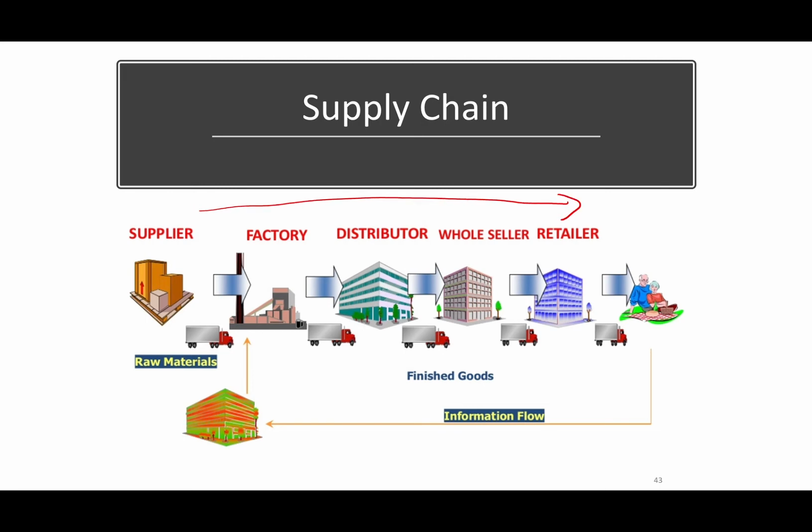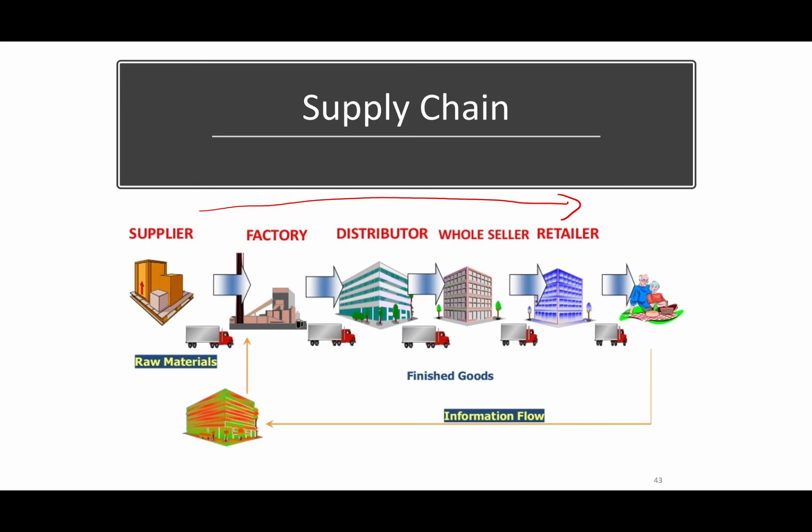Okay, like all of these organizations, the people involved in those organizations, all of these come together and they make the supply chain for a particular product. And then all the products that we look around us and all the services that we look around us, they have some kind of a supply chain associated with them.